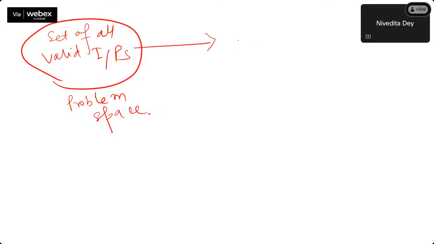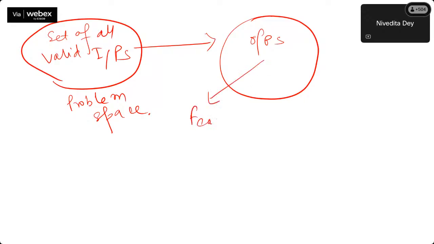So this will be mapped to outputs. Now this output can be of two types. Feasible or infeasible solution.